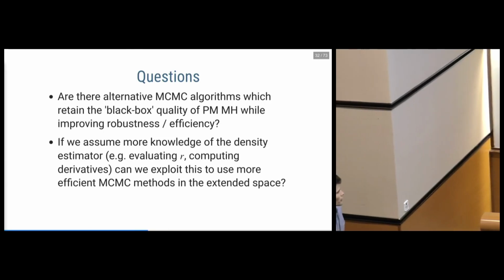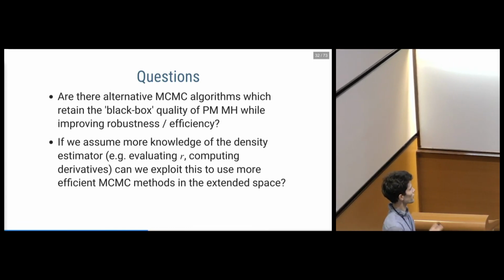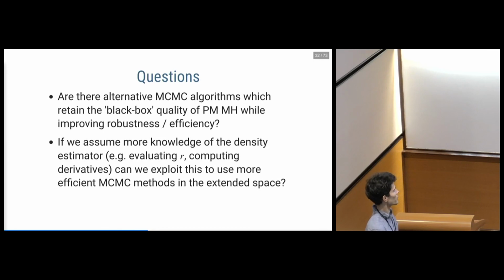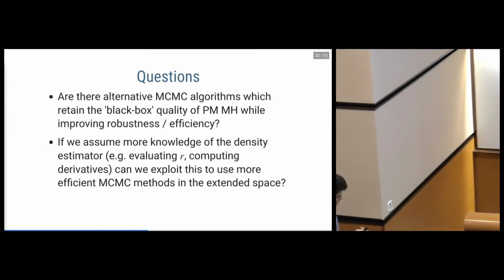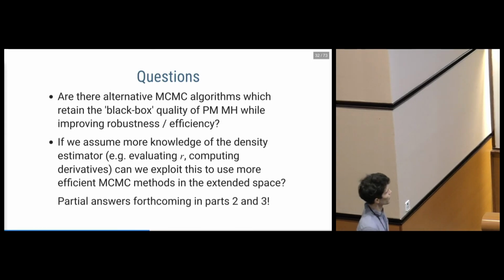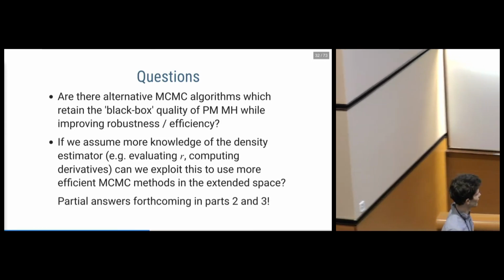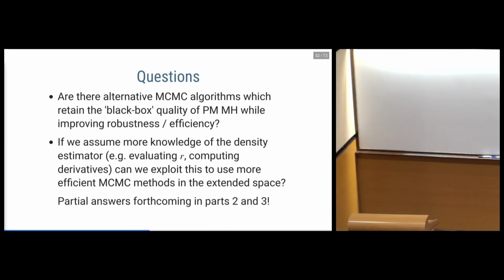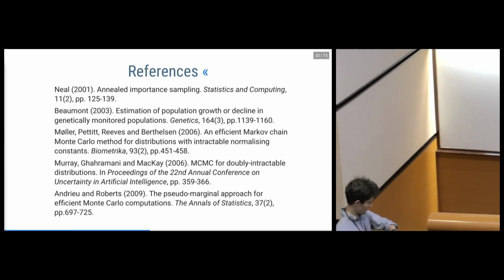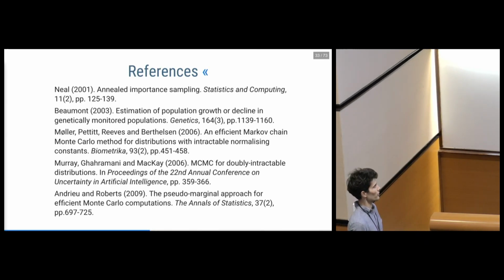I'll also consider whether or not we can use this additional information to further define more efficient MCMC methods, which might be more scalable to these high-dimensional settings that we're maybe interested in. Okay, so this will hopefully be covered somewhat in the next two sections. Okay, so that's the end of the initial part.